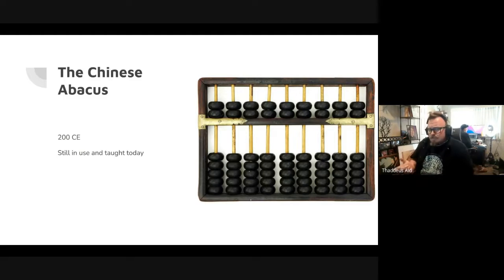You can do complex mathematics very quickly using an abacus. It's pretty impressive, watching kids after they've been through a couple of years of school using them, just ripping apart the mathematics. So this is still a very useful computational engine, still in use today.